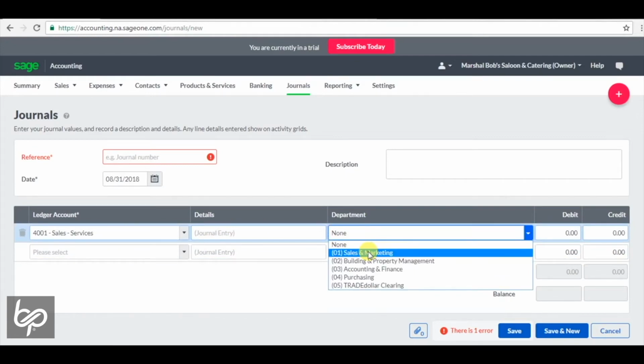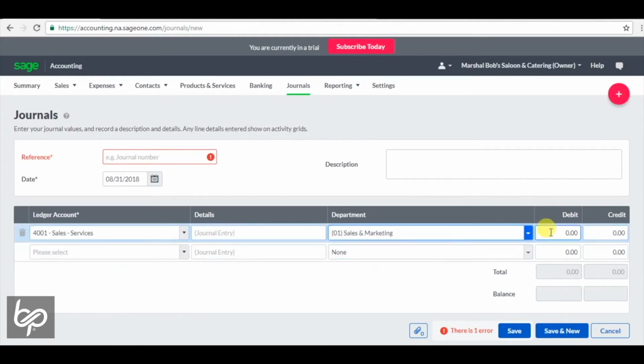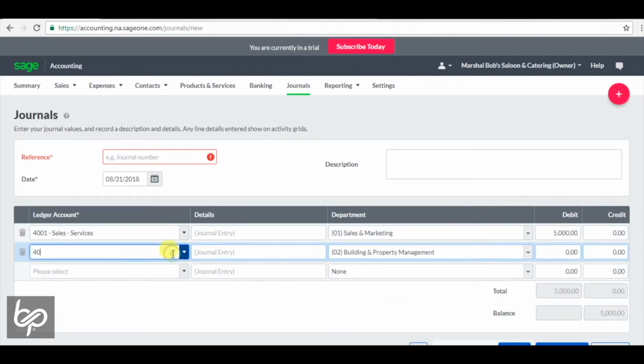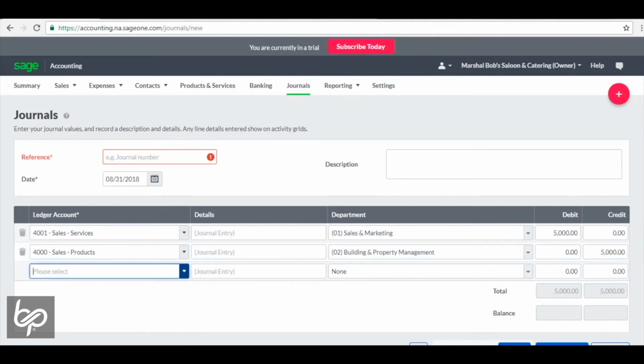And they're going to allocate a portion of it from the sales department. So let's say that 50% of all sales that are done on barter get allocated away from the sales department. So $5,000 gets allocated away from the sales department, and it gets reallocated to the building and property maintenance department.